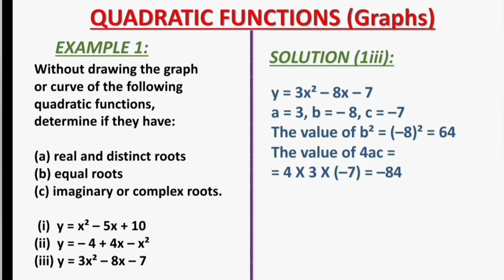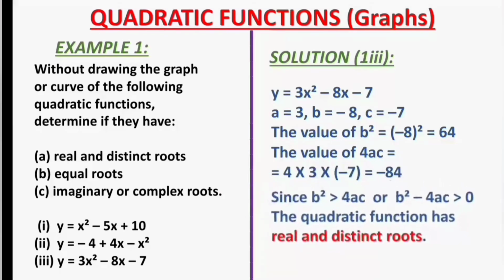Comparing the values of b squared, which is 64, and 4ac, which is minus 84, we can see that b squared is greater than 4ac, or b squared minus 4ac is greater than 0. That means that the quadratic function has real and distinct roots. I hope you got these solutions correct. I hope these solutions are clear to you.